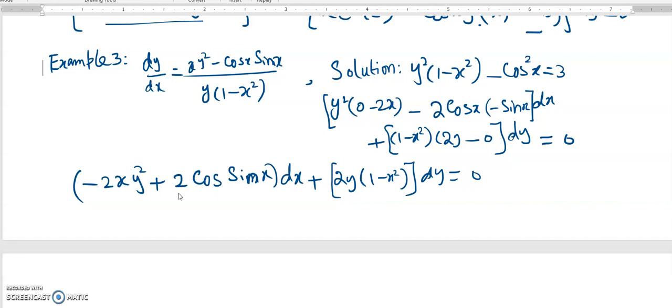And then this term will remain as y into (1 minus x^2). So in the end we will get the same expression as here. In this way we can verify it.